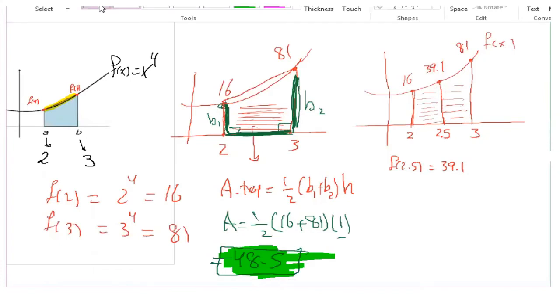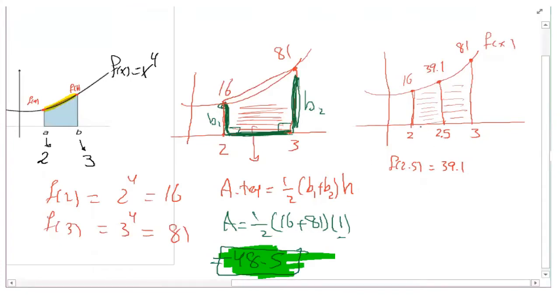So I want to find the area of the first trapezium plus the area of the second trapezium. The area of the first trapezium will be base 1 plus base 2 over 2, multiplied by the height between them.